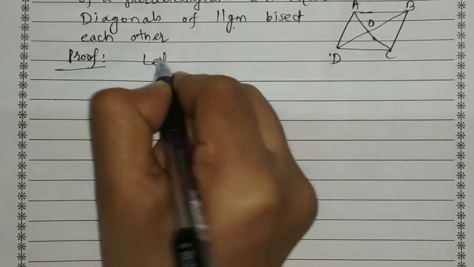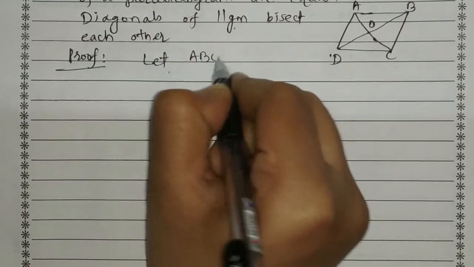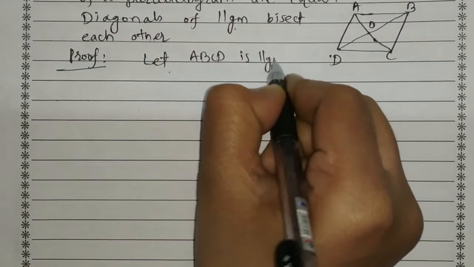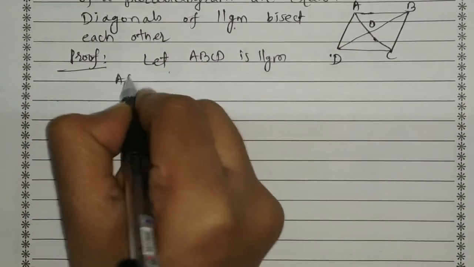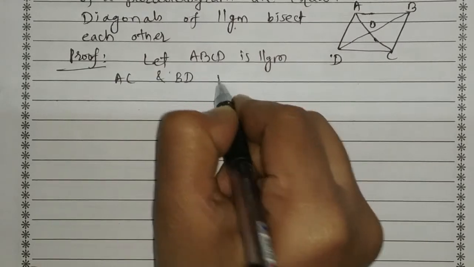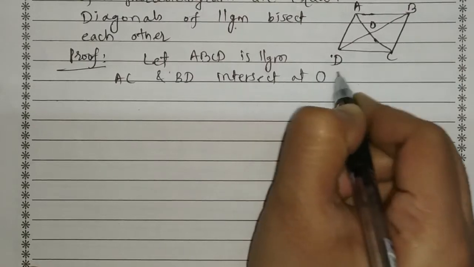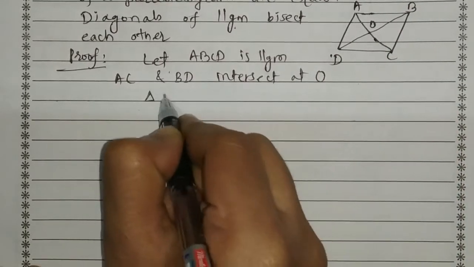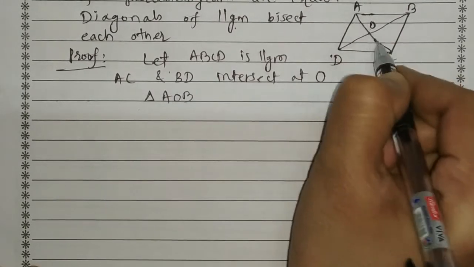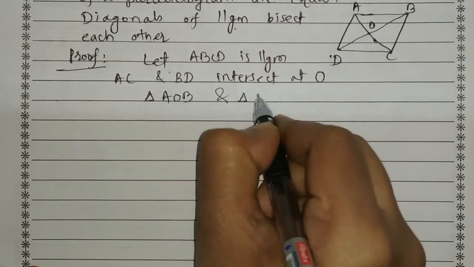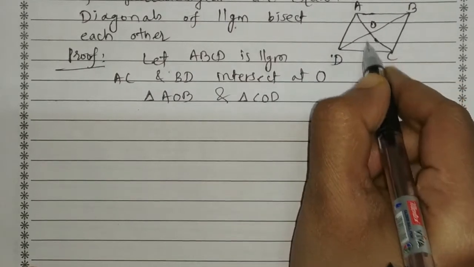So here let ABCD be a parallelogram and the diagonals are AC and BD. They intersect at O. Now we have triangle AOB and triangle COD.